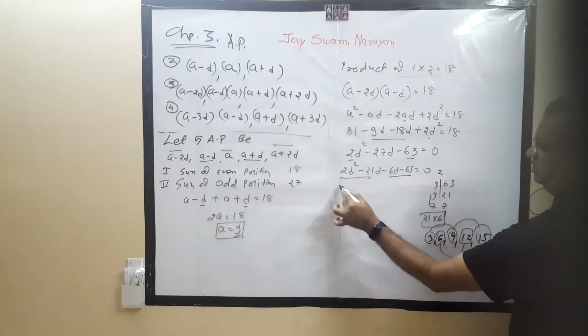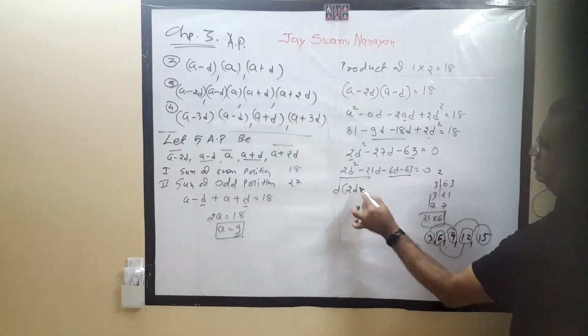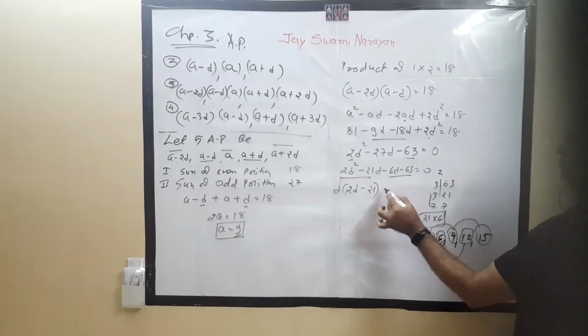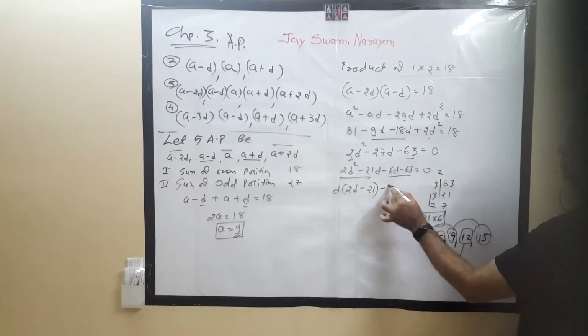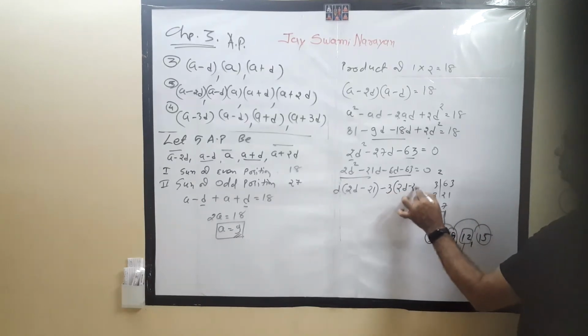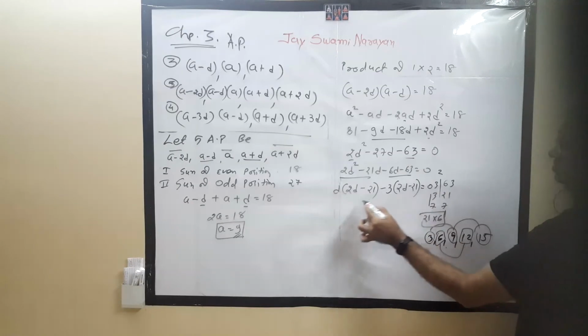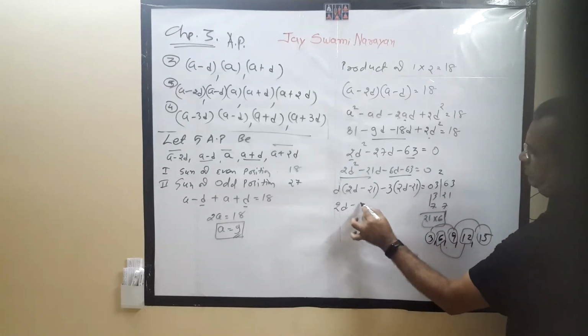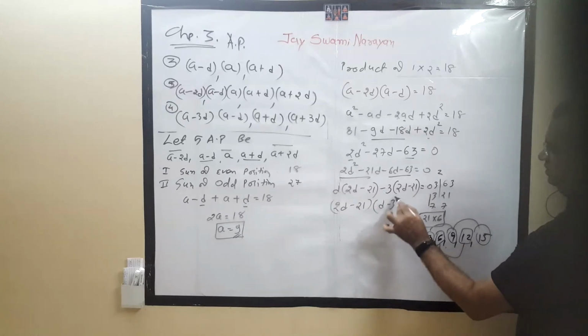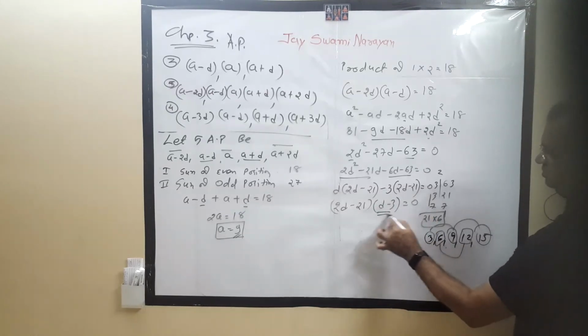Common d, and 3 common. So d times (2d minus 21) minus 3 times (2d minus 21) equals 0.